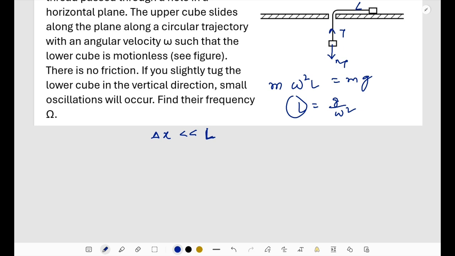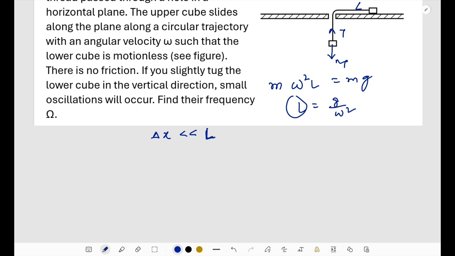But if it had initial angular velocity omega, so that its linear velocity was omega L, and it has changed now to v dash, and the length has become something, L minus delta x or L plus delta x?